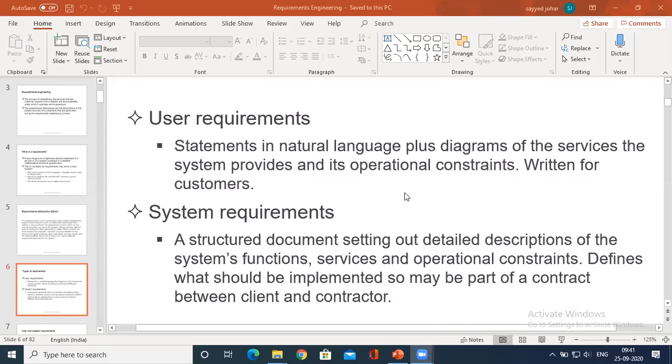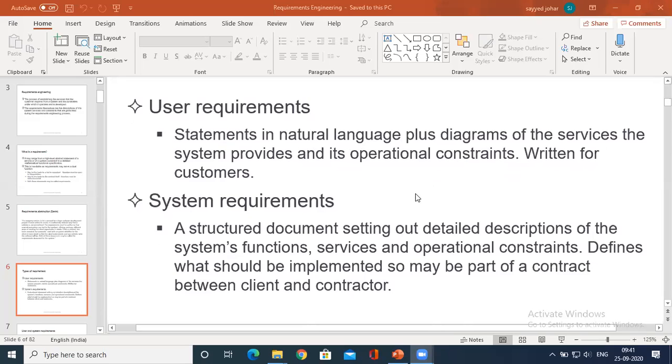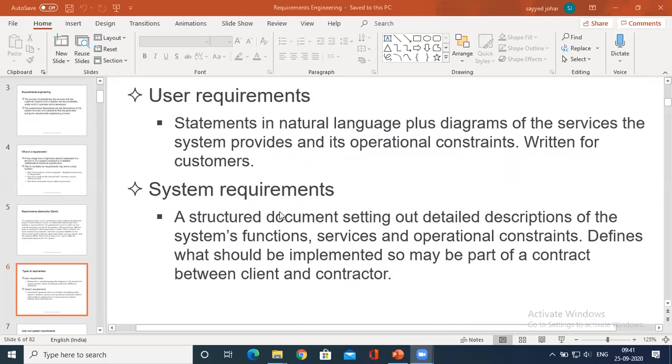The same concepts you are going to study in module 2, that is the unified modeling language, also called the object oriented modeling language. Whereas a system requirement consists of a structured document with a detailed description of how the system will work and how it provides the services. In the case of user requirement, it is purely natural language, in terms of communication.